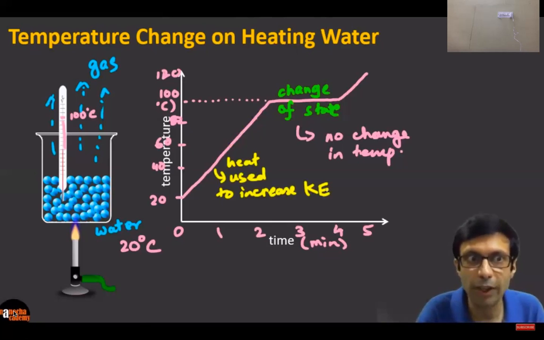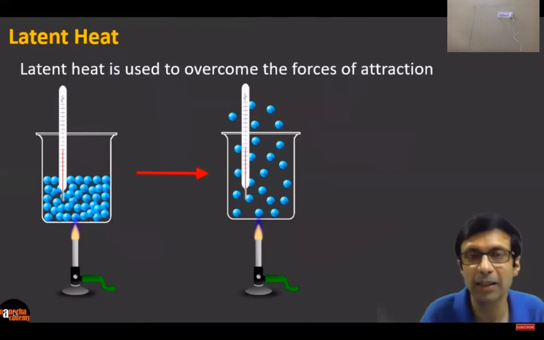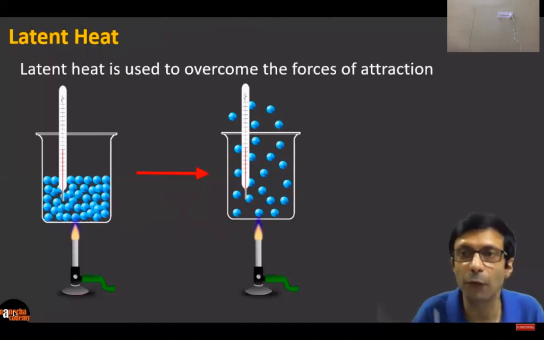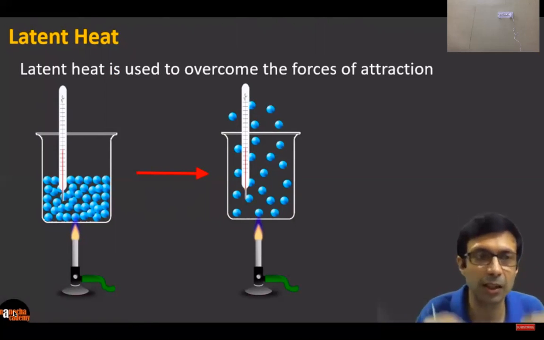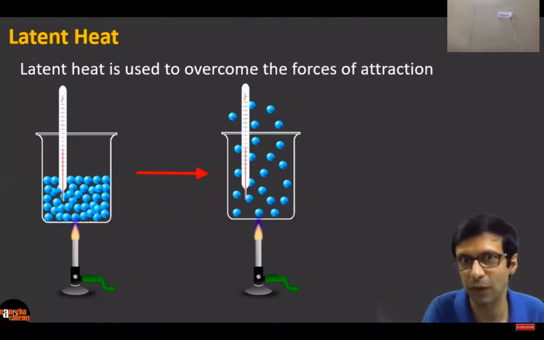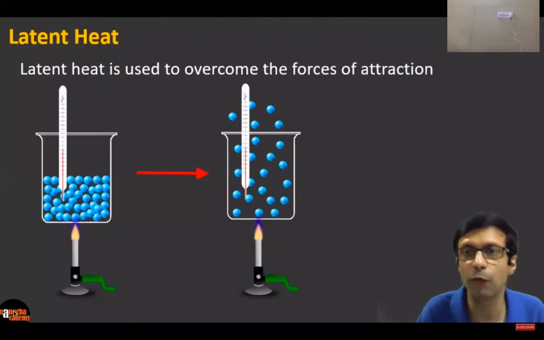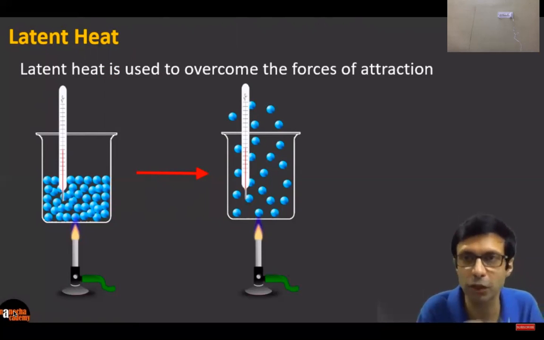But once you reach 100 degrees centigrade, all the heat energy, as this slide says, is used to overcome the force of attraction, right? So then the heat is not interested in increasing the kinetic energy. It says you reached 100 degrees centigrade, now I'm going to start changing your state, right? So the entire heat is being used to overcome the force of attraction, because as you can see from this picture, from liquid to gas, the molecules are further away.